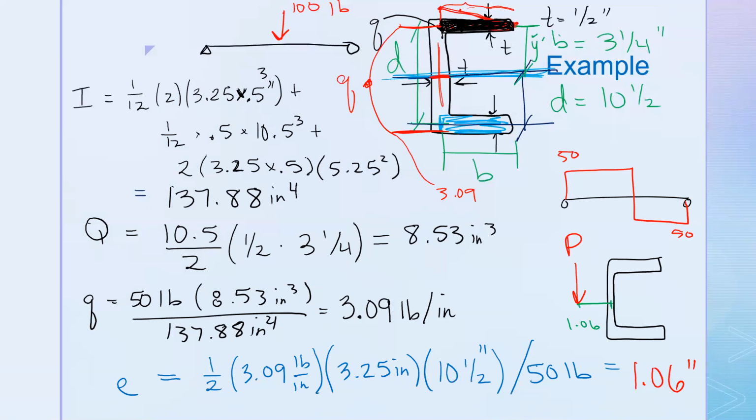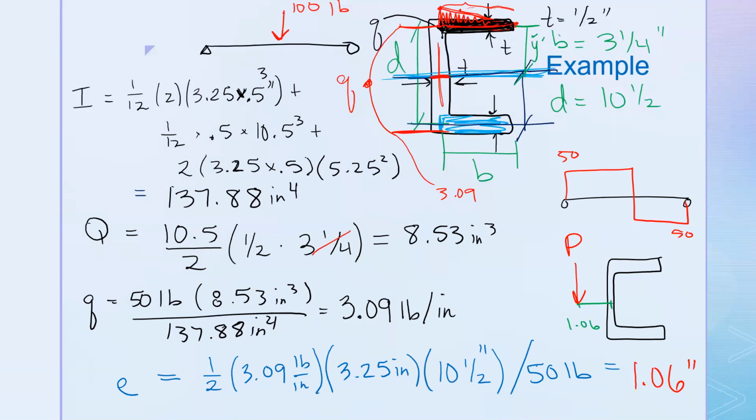Cool. Just when you calculated e, you said it's the integral, F flanges, how did you get the half and the 3.25? So the distribution is triangular, so I just took the area of that triangle, 1/2 times the base times height. But here's what you could do.